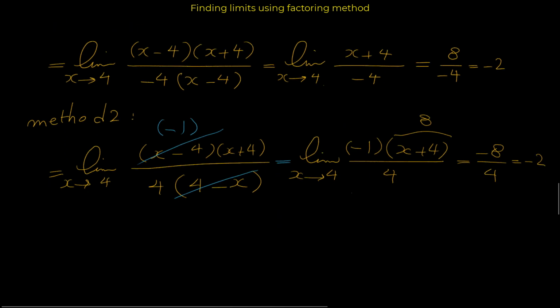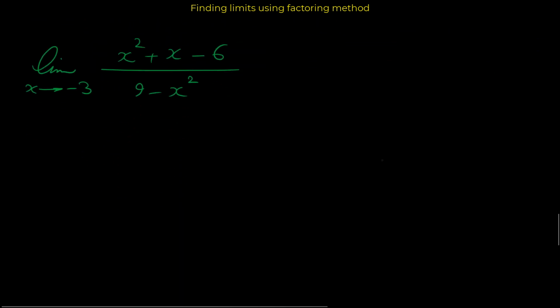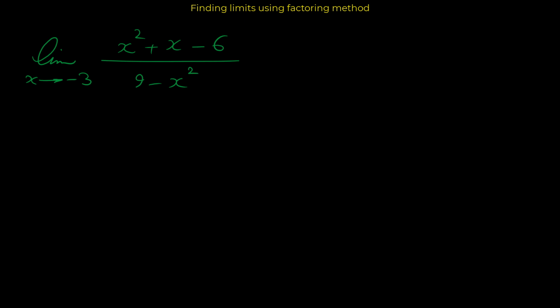Let's do another example. In this example, we want to find the limit as x approaches negative 3 of x squared plus x minus 6 over 9 minus x squared.